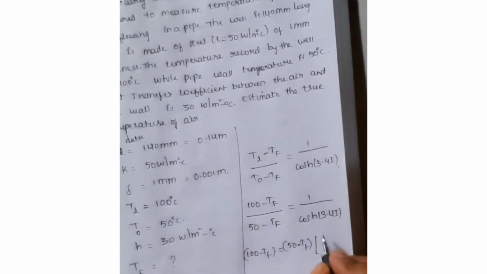Okay, 100 minus TF is equal to (50 minus TF) into this value, 1 by cos hyperbolic of 3.43, which by solving we can get 0.0647.